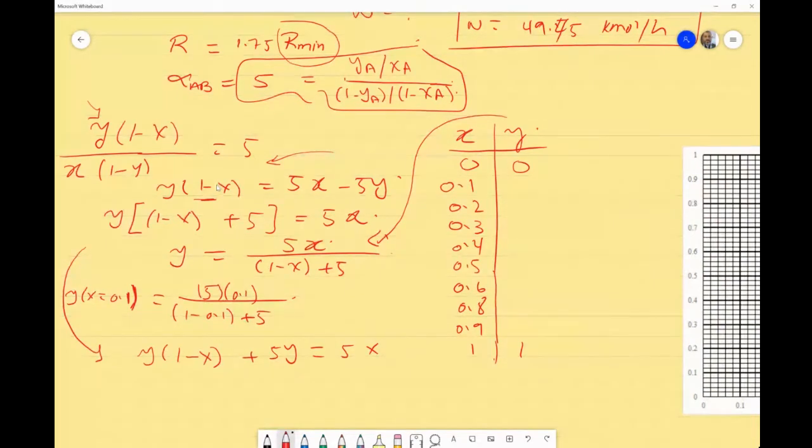Should be, I guess it should be alpha multiplied by x, divided by 1 plus. So there is a problem with this equation. I think I got this one wrong here.